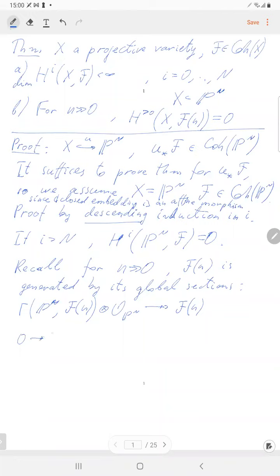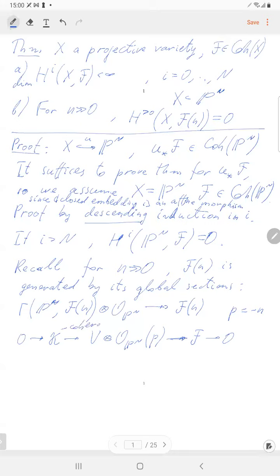There will be some kernel K here, and then there will be a few copies, let's call it V tensor O_{P^N}(-n), and then it surjects onto F. There we are.